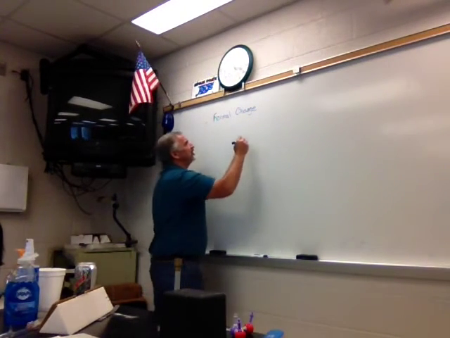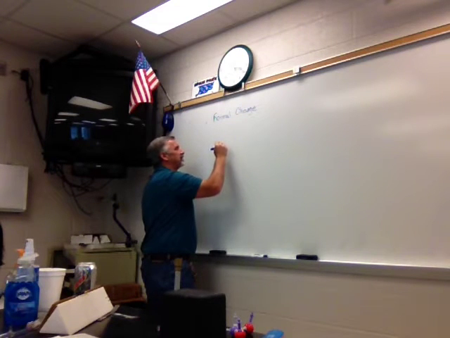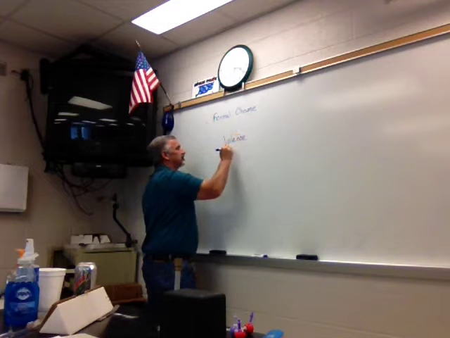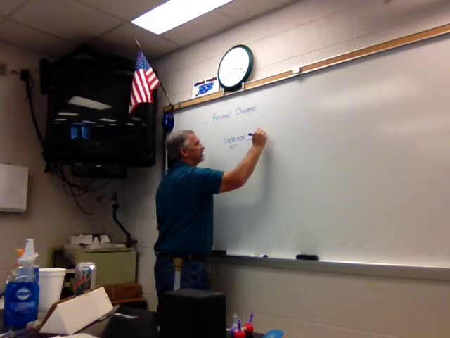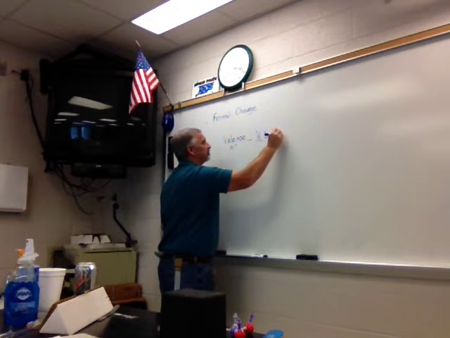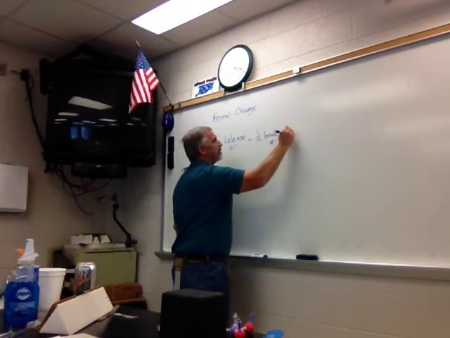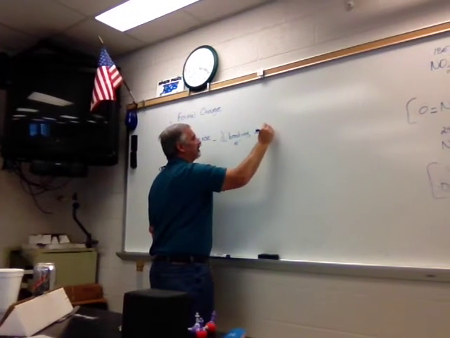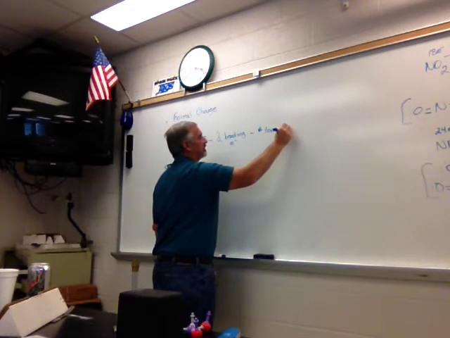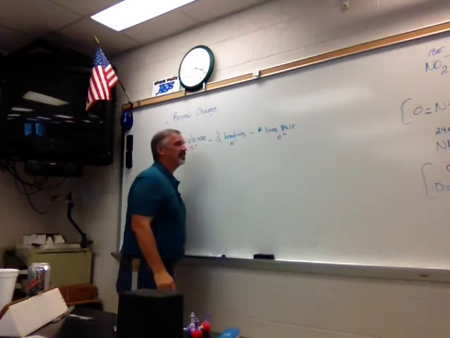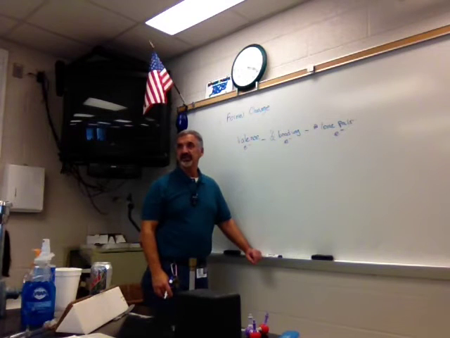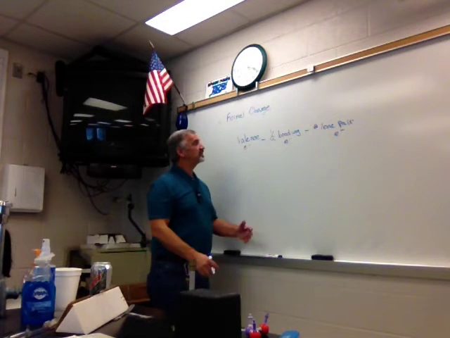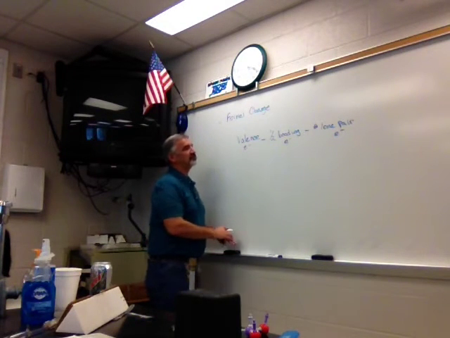So it's really just going to be nothing more than plugging into the formula of valence electrons minus 1/2 of the bonding electrons minus the number of lone pair electrons. And this is actually the total number of electrons, not just pairs. Okay? So this is our formula to get the formal charge.